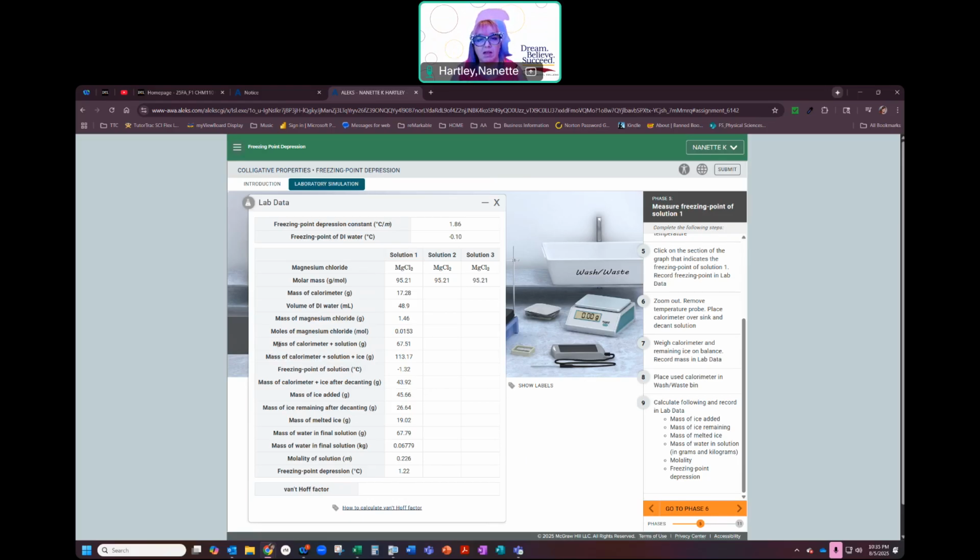And over here you have the mass of the calorimeter plus the solution. So if I take this and I subtract this, the only thing that's left is the ice. So think about the numbers that you have and think about what happens if I subtract this from this. What's left if I do that? That's what you need to think about when you're doing these calculations: what is left.